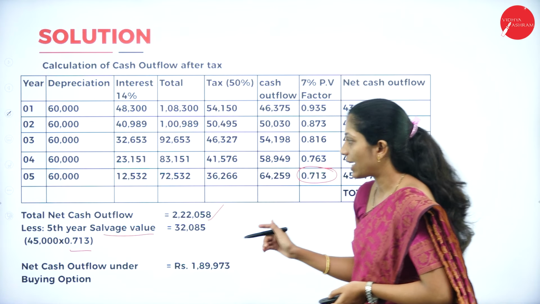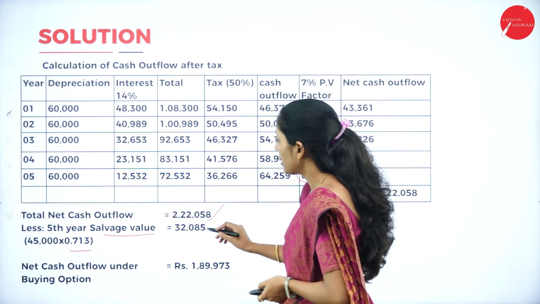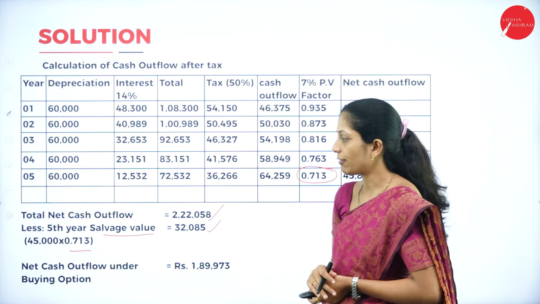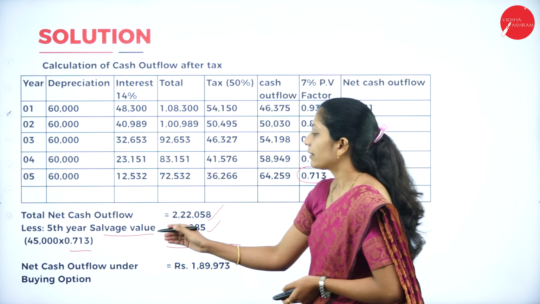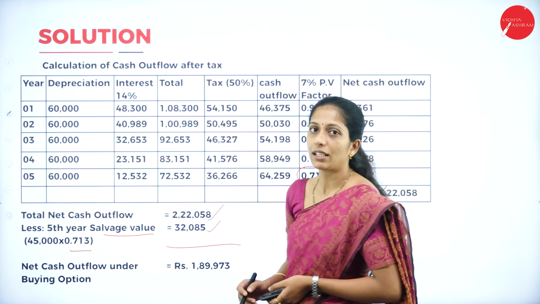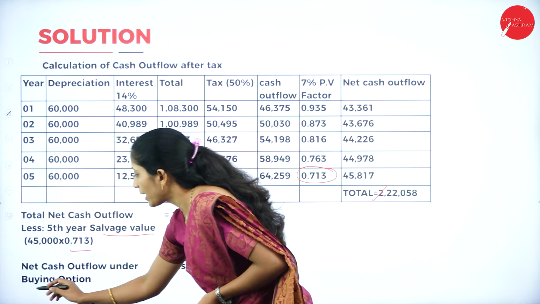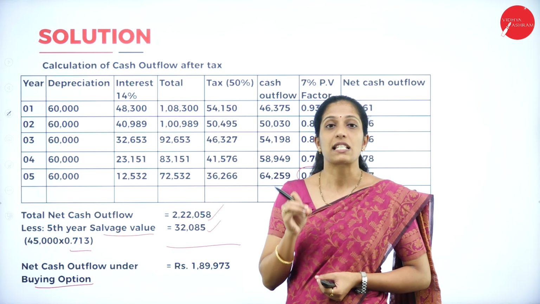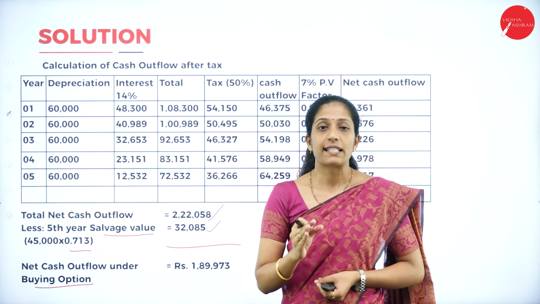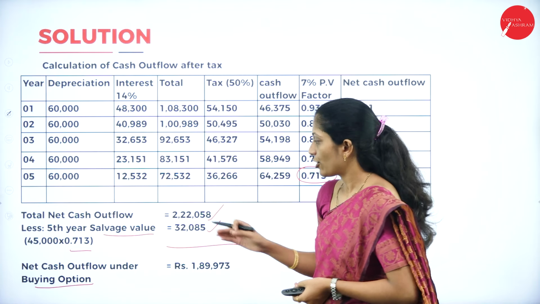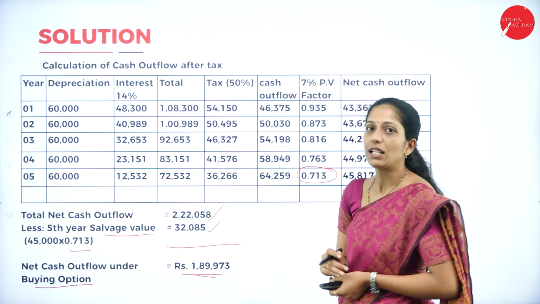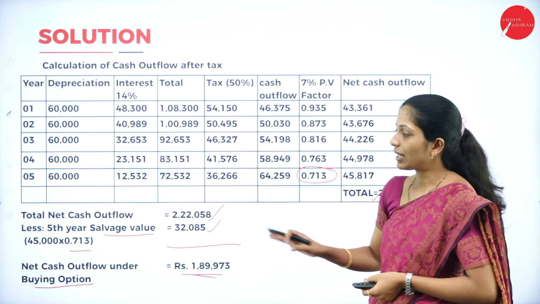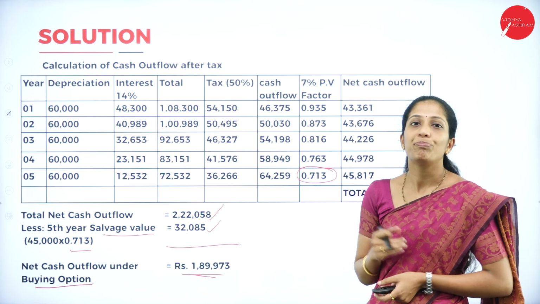So we apply this 0.713 and we get 32,085. Next, when you deduct this, I'll get the net cash flow under the buying option. So we have got the amount incurred if X Limited buys that asset. That is rupees 1,89,973. That is the net cash flow in the buying option.